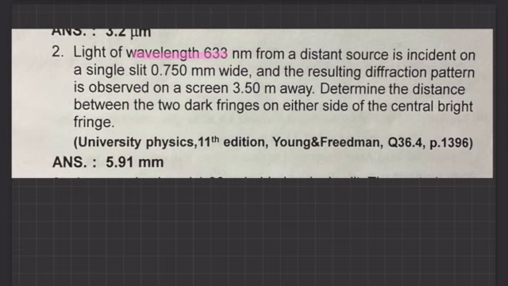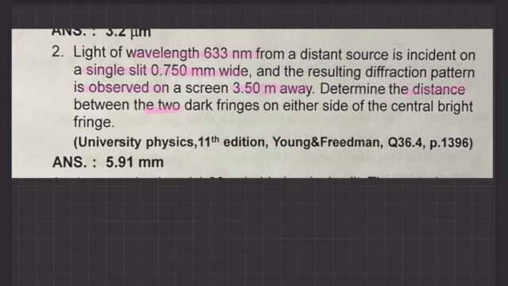Question 2. Light of wavelength 633 nanometer from a distant source is incident on a single slit 0.750 millimeter wide. The resulting diffraction pattern is observed on a screen 3.5 meter away. Determine the distance between the two dark fringes at the side of the central bright fringe.